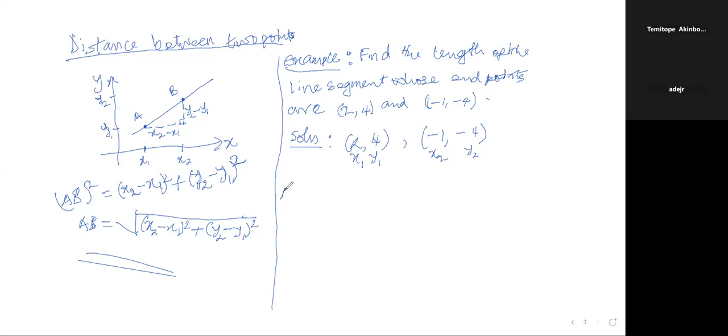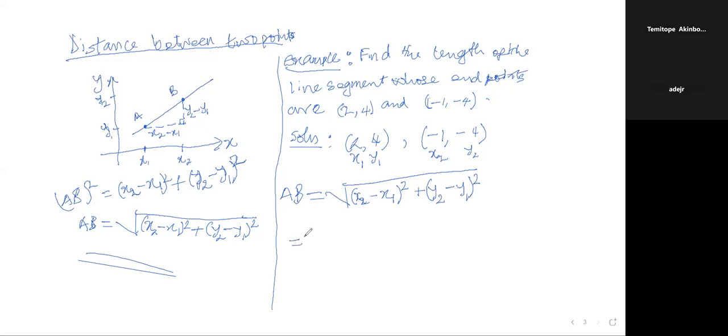So let me just say AB equals square root of x2 minus x1 squared plus y2 minus y1 squared.